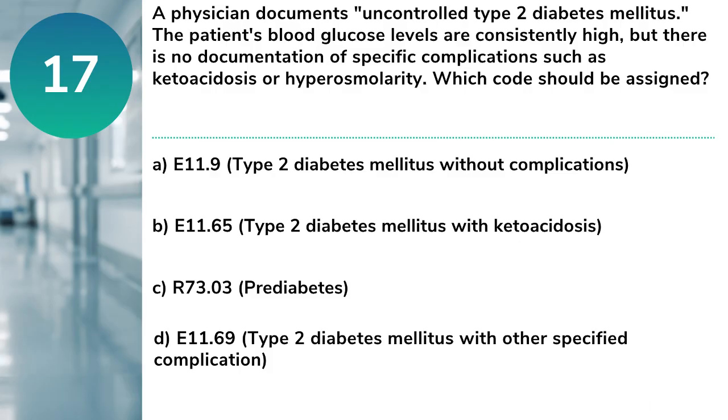A. E11.9, type 2 diabetes mellitus without complications. B. E11.65, type 2 diabetes mellitus with hyperglycemia. C. R73.03, prediabetes. D. E11.69, type 2 diabetes mellitus with other specified complication.